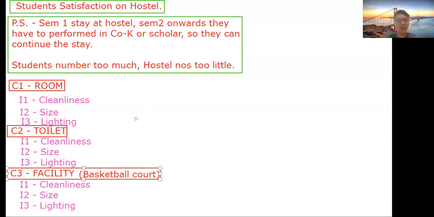So how can we ask whether they are satisfied with the cleanliness or not, whether they are satisfied with the size and lighting?